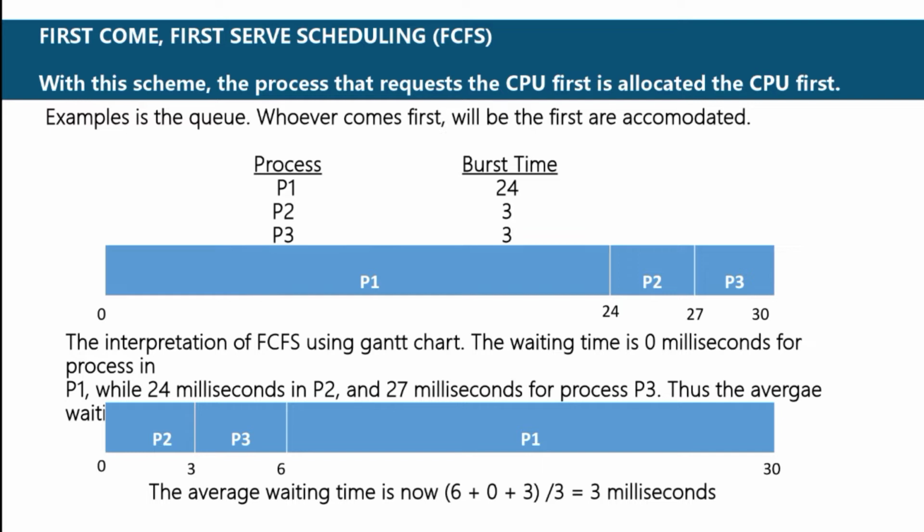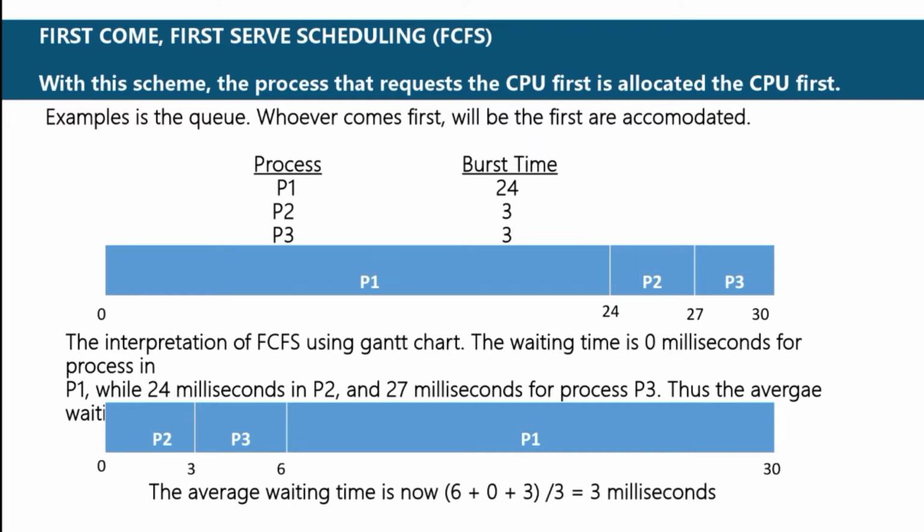By the way, the burst time is the amount of time to finish the process before it is executed by the CPU. In computing the average waiting time for P1, P2, and P3, we will have 17 milliseconds, because P2 needs to wait 24 burst time before it is allocated.